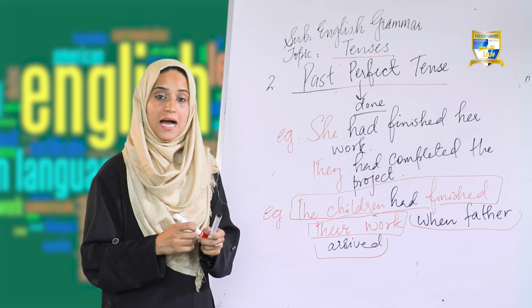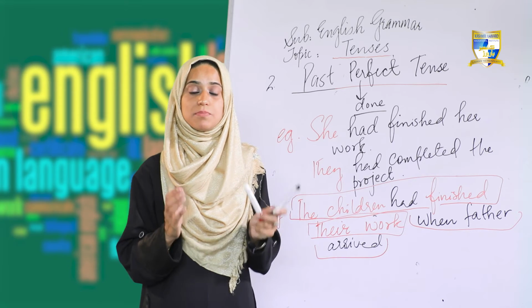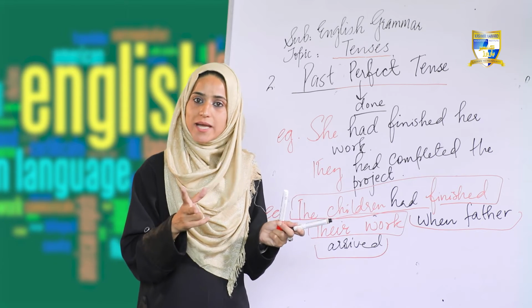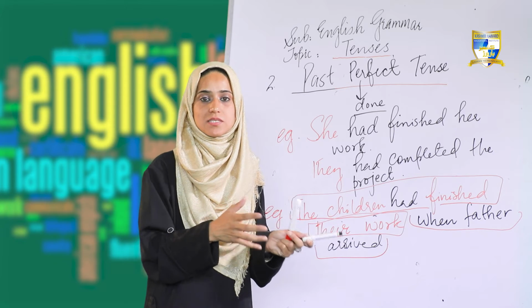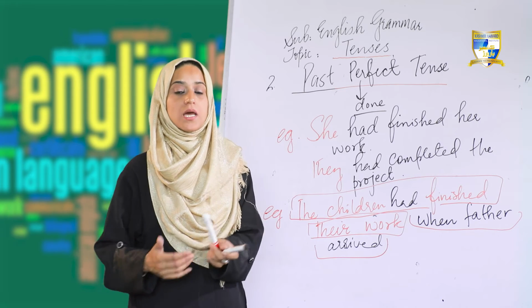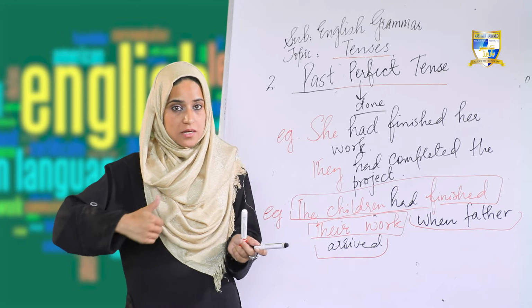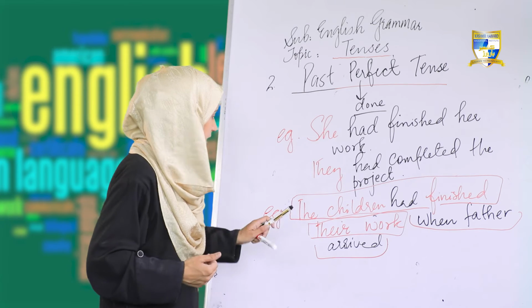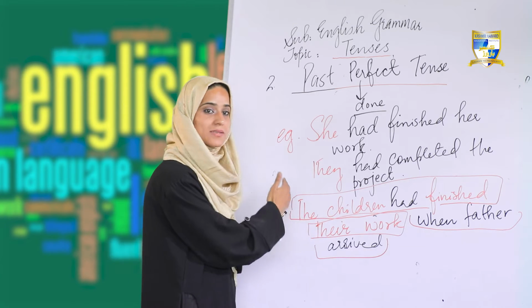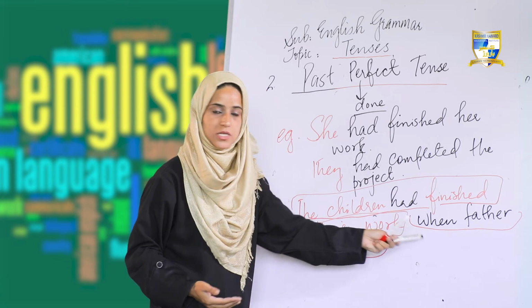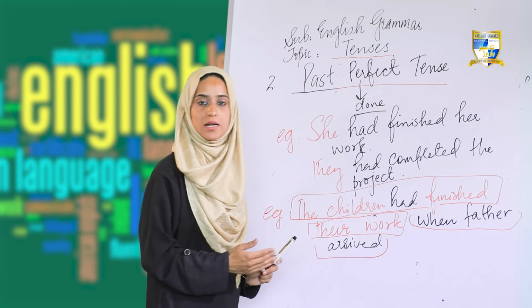So let me repeat, I said that past perfect tenses denote the time of two actions happening in the past, and past perfect denotes the action that happened earlier in the past. Like here, the action that had happened earlier was that the children had finished their work, and then one more action happened when father arrived.